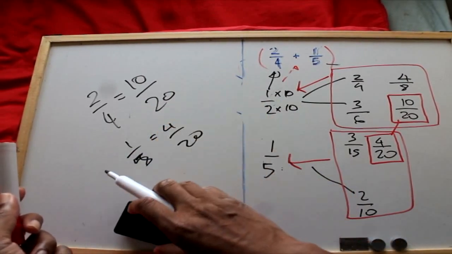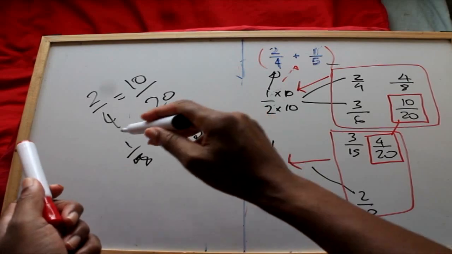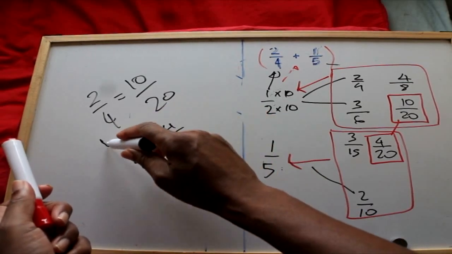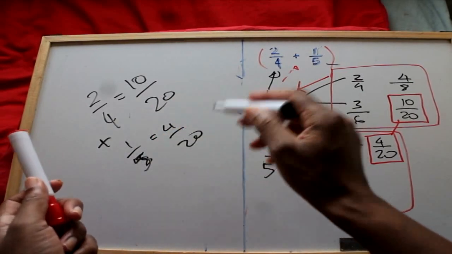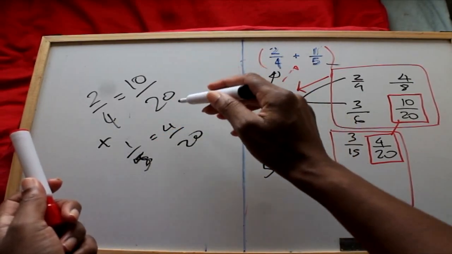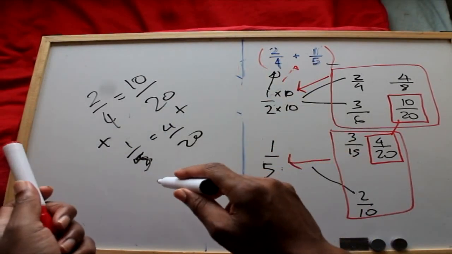Now, what does that mean? That means that the sum 2 over 4 plus 1 over 5 is exactly the same as 10 over 20 plus 4 over 20.